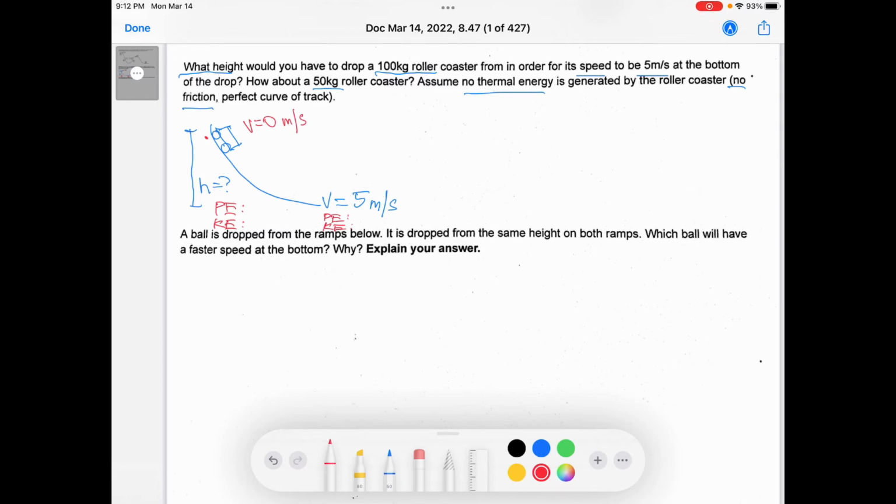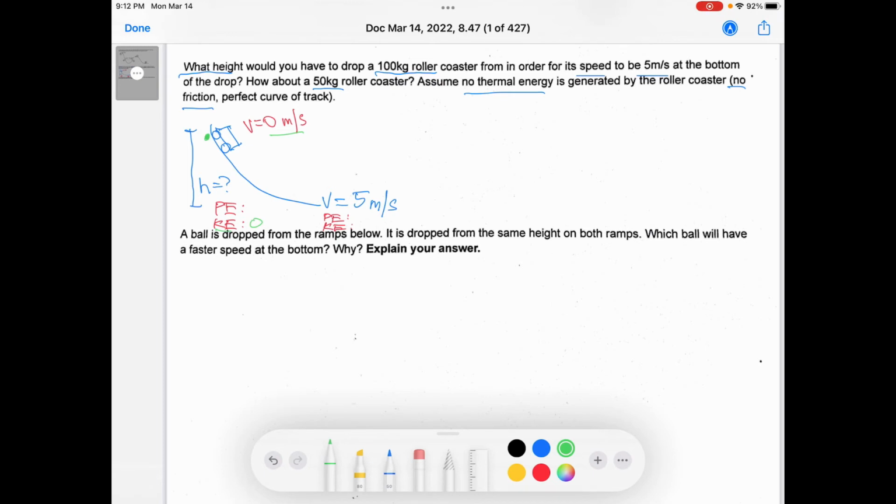So what would the potential energy be, and what would the kinetic energy be of the roller coaster at this point? What is the kinetic energy at that point? Because the roller coaster is at rest, its kinetic energy is 0.